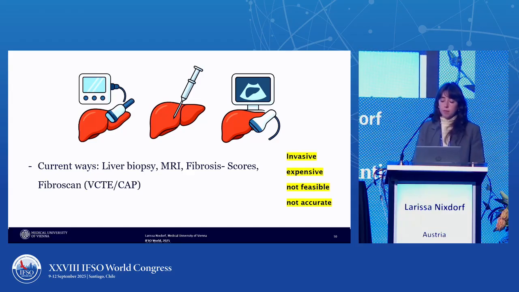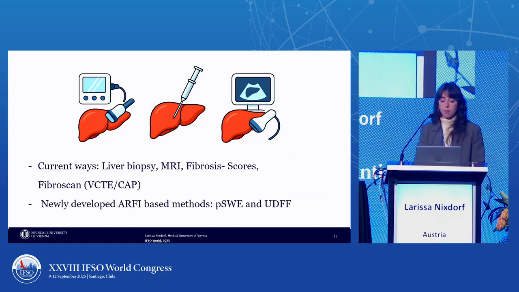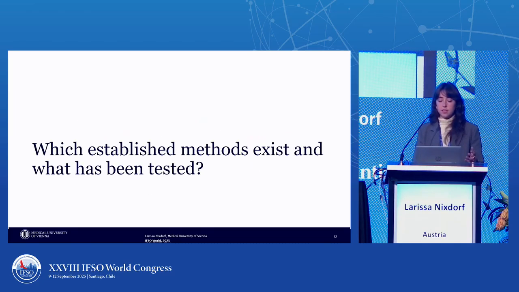So it's clear that the ambition to develop new ways of assessing the liver health or MASLD is high. And so the ARFI-based methods, so acoustic radiation force impulse-based methods, point shear wave elastography and ultrasound-derived fat fraction were developed. And this will be the topic of this talk because these newly developed methods are compared to the ones that we already know.